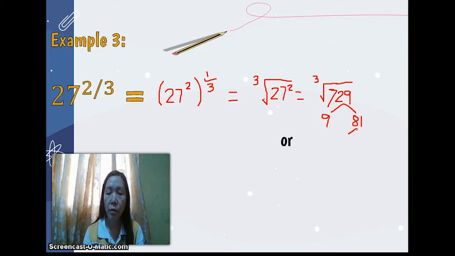What number, when you multiply it 3 times, gives 729? Using the factor 3, I got 9, because 9 times 9 is 81, times 9 again is 729. So the answer here is 9.